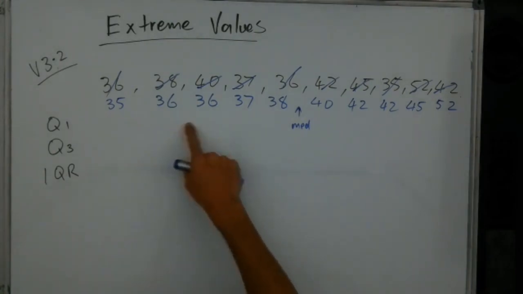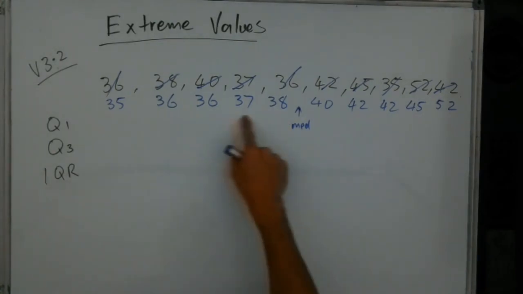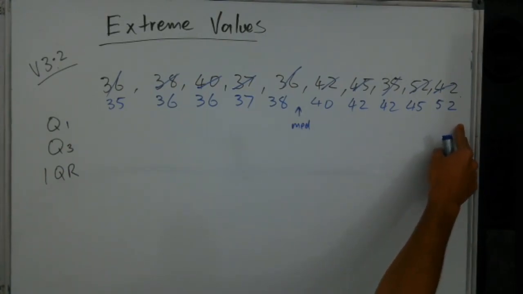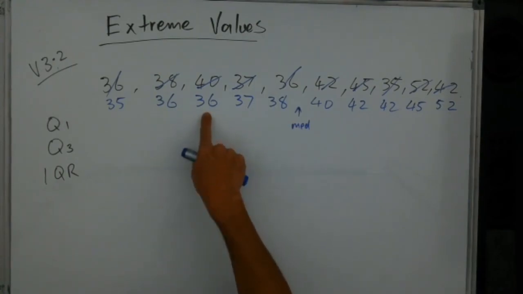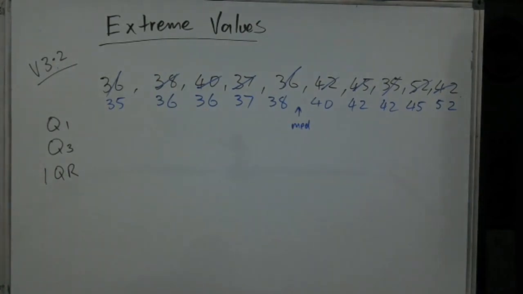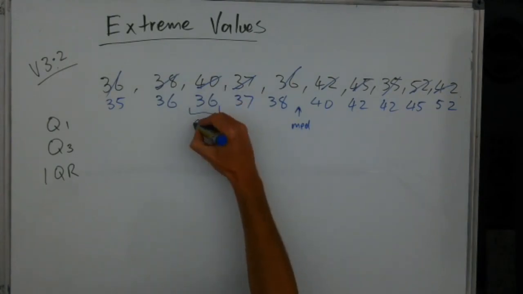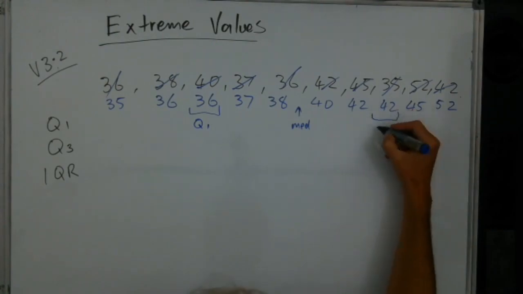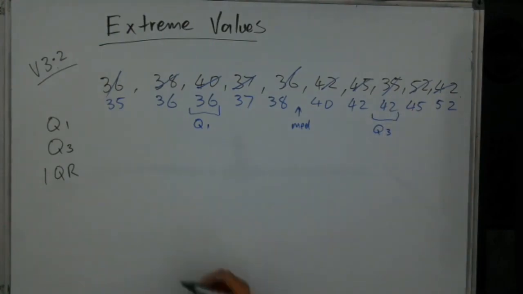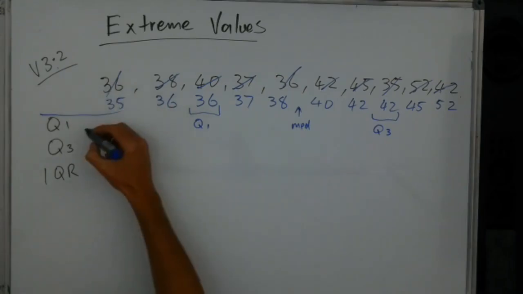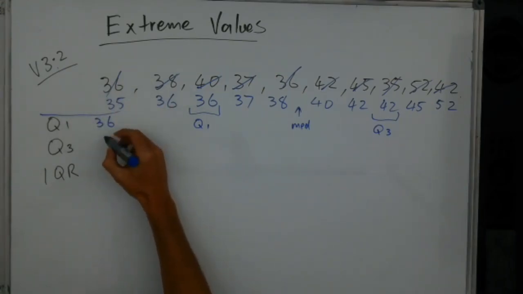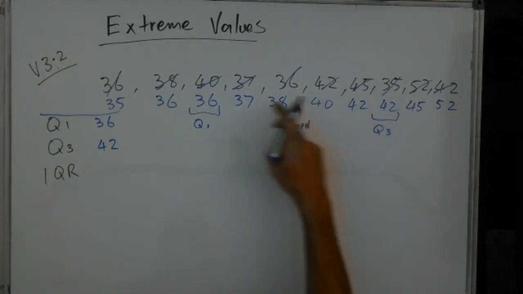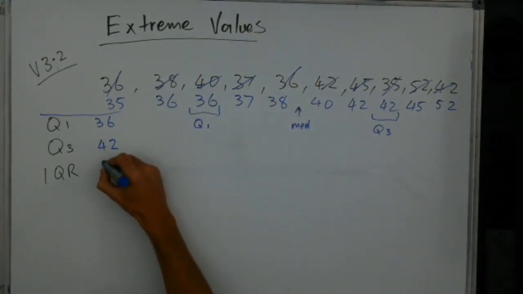So now we have a lower half with 5 scores, and an upper half with 5 scores. So the middle score of the lower half is going to be this one. So that's Q1. And the middle score of the top half is that one, Q3. So we've got Q1 is 36, Q3 is 42, and the interquartile range is 42 take away 36.